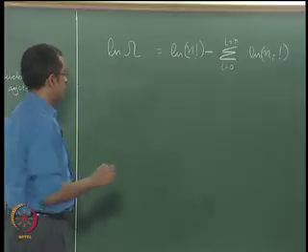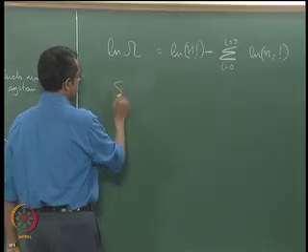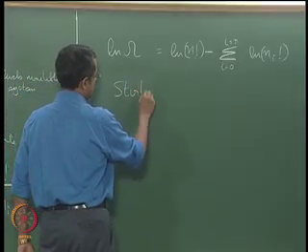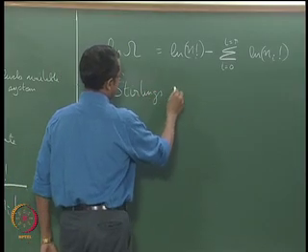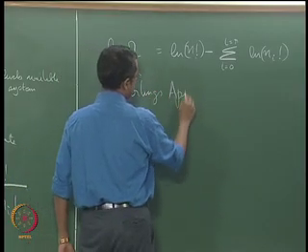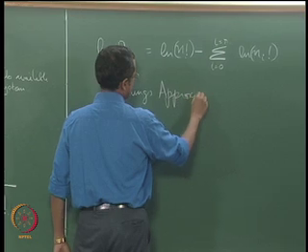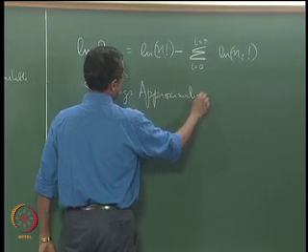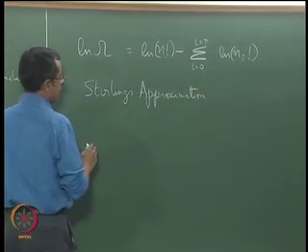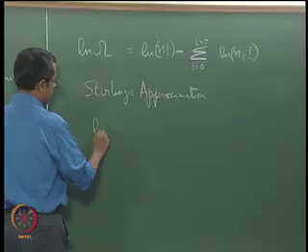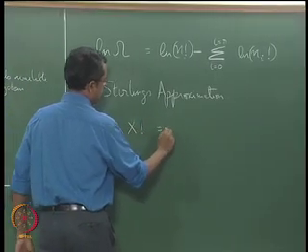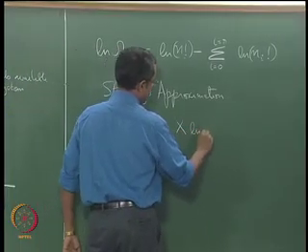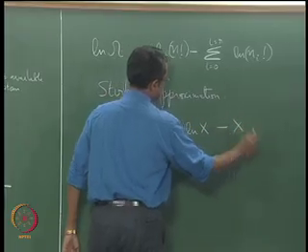What it basically says is that ln x factorial is simply x ln x minus x.